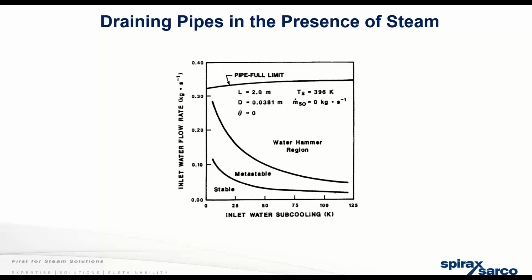But if we combine the two, if we drain very, very quickly and we have large subcooling, we fall into that water hammer region. And this study basically says to me in a common sense kind of way, we need to drain really, really slow, or we have to have no temperature difference draining one side to the other, and we'll remain stable. Keep that in mind, as I think this is the cause of most water hammers in plants, and why sometimes it happens and sometimes it doesn't.